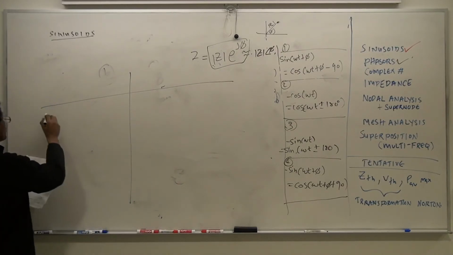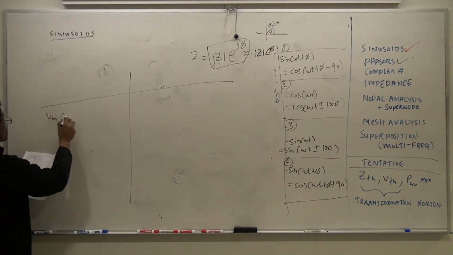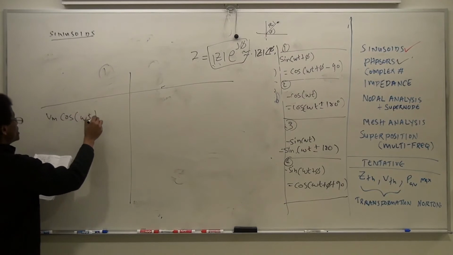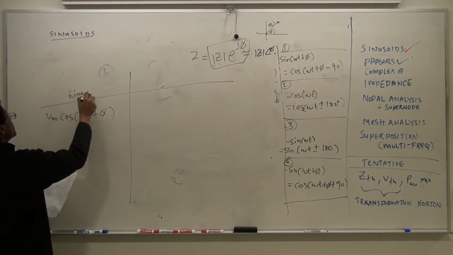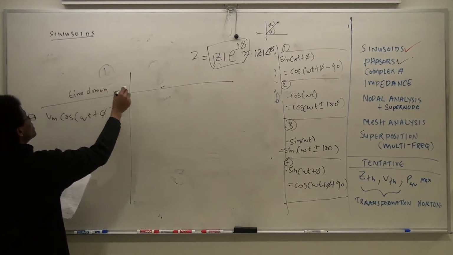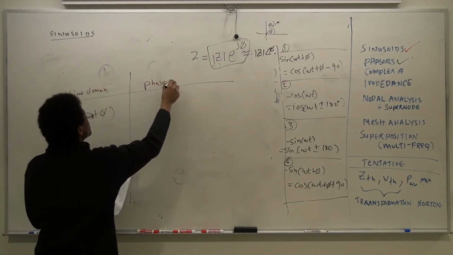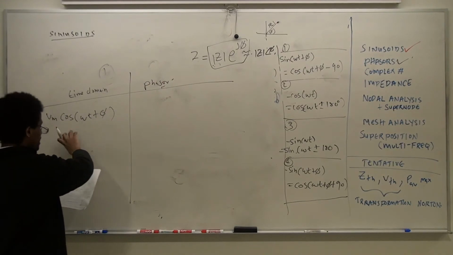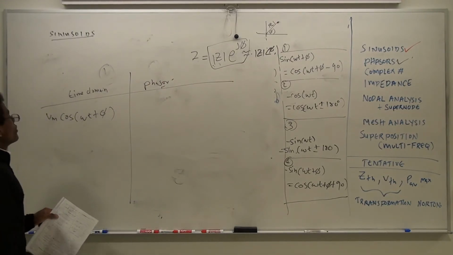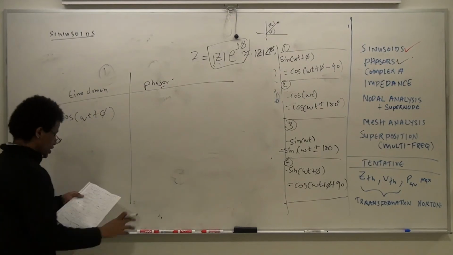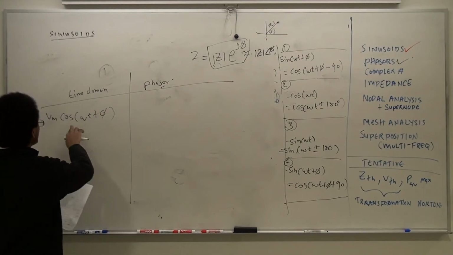So somebody gives you Vm cos of omega t plus phi. This is the time domain, and this is the phasor domain. Somebody asks you, can you please convert this into a phasor? How do you do that? I'll do one example so you can see.